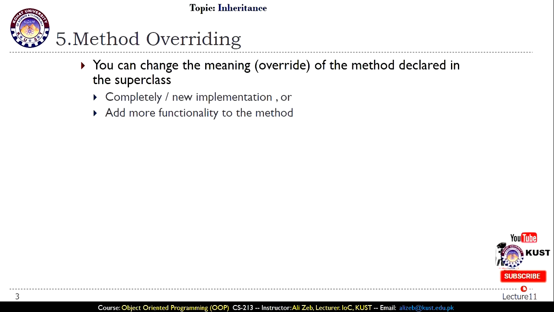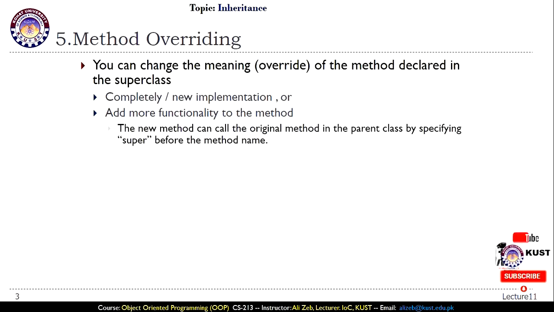We will inherit the method, we will override the method, and we will use the name of that method, but the implementation inside that method will be completely new. And we also understand that we can add to the existing functionality of the method as well. And for this we will be using the super keyword.